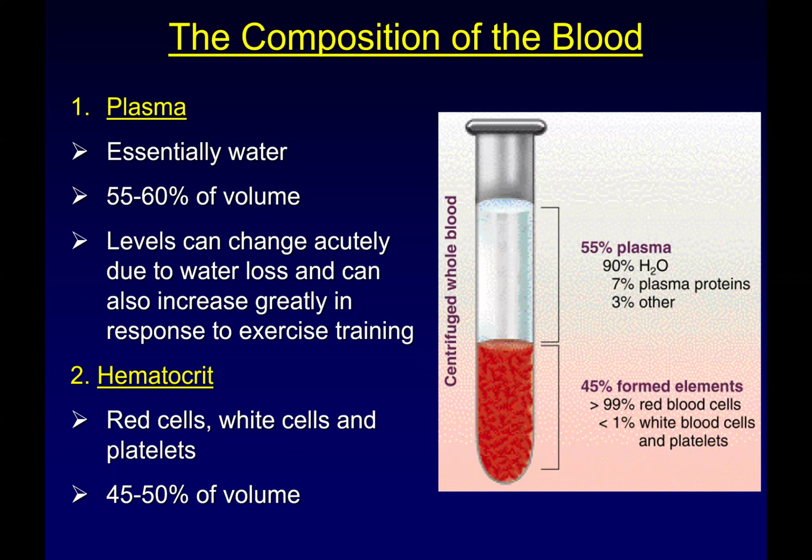For most of you, we talk about something called a hematocrit percentage. Hematocrit percentage is just what percentage of your total blood volume is red blood cells. Right. So a hematocrit percentage of say 40% means 40% of your blood is red blood cells, 60% is water.